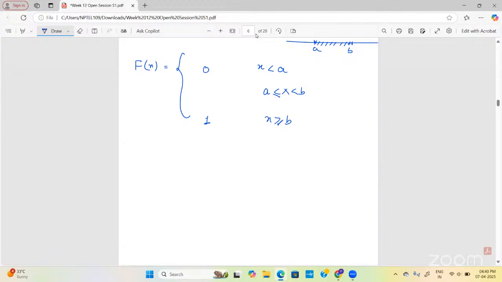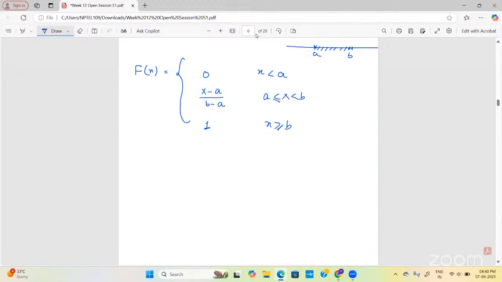The formula is (x minus a) divided by (b minus a). So we have to integrate the function 1 upon b minus a.